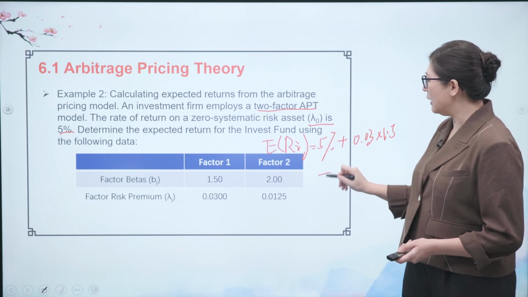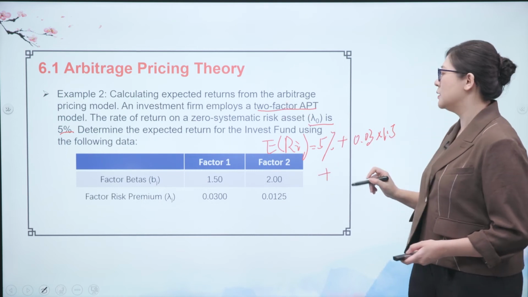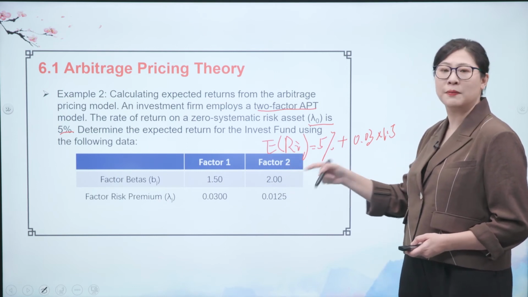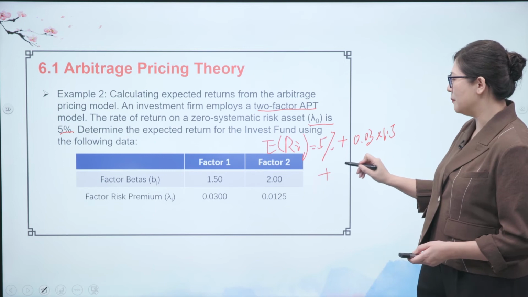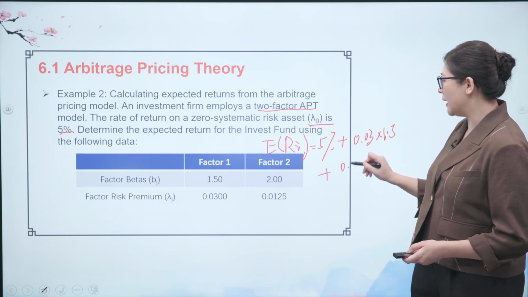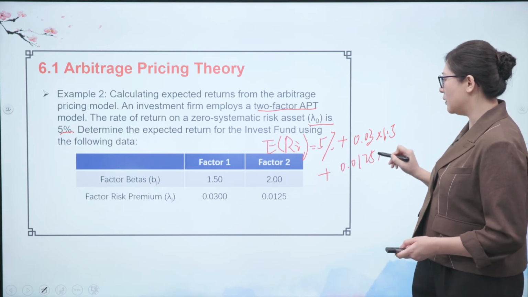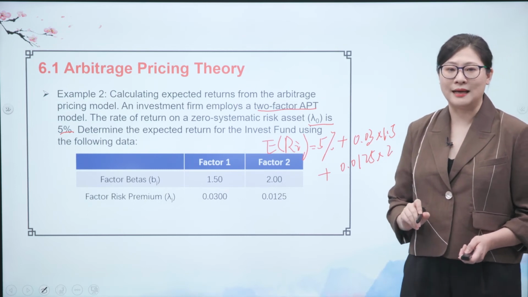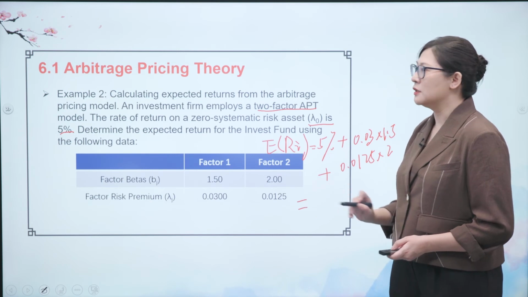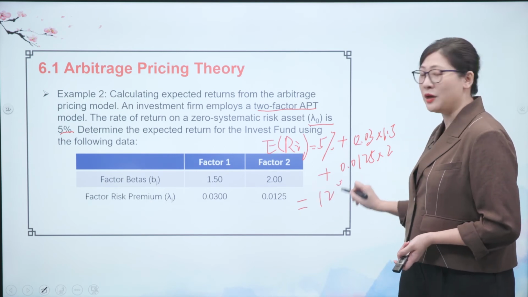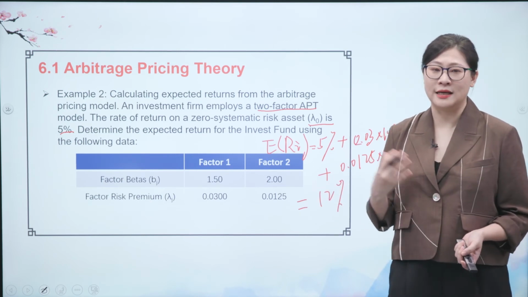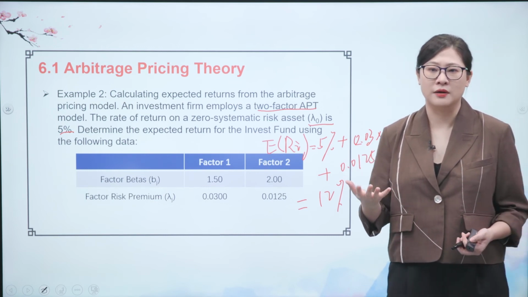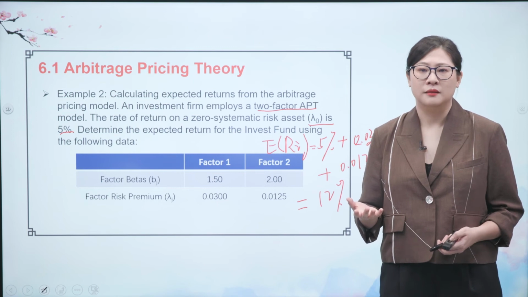And then we have two factors, so the next one we need to add is lambda 2 multiplied by B2, which is 0.0125 multiplied by 2. And then we get the final result of 12% for our expected return. So that's the APT model. That is how we solve this problem.